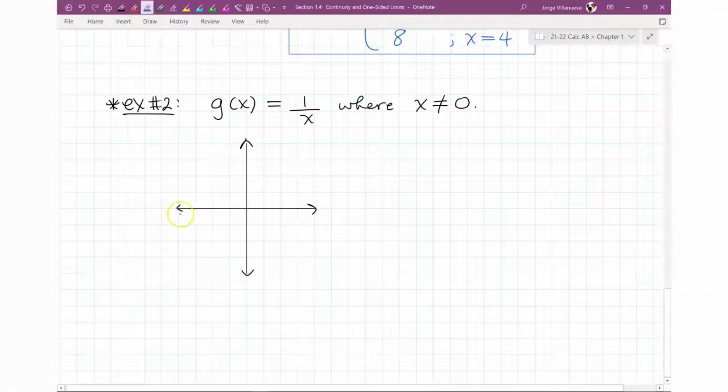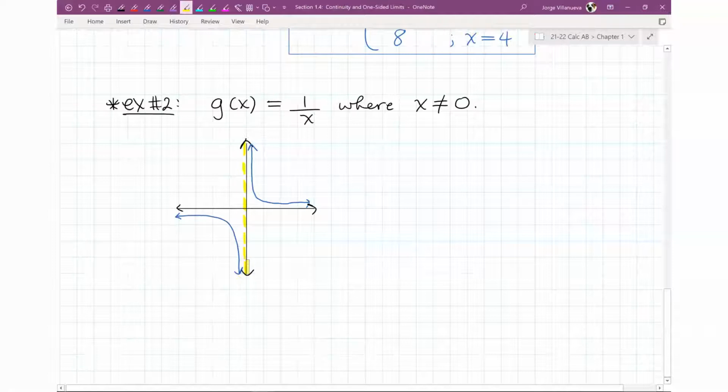Okay, so here we go. Now you guys should obviously know that there is an asymptote here, right? So it can't touch that section right there.